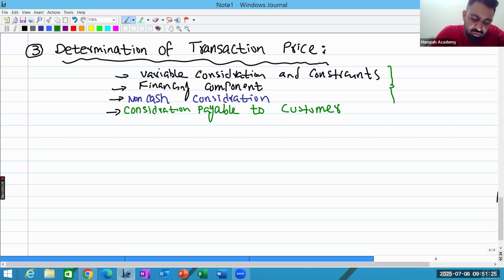Now, when we determine the transaction price, we will consider all these four elements. Now, the question is how we will consider it, how we will incorporate it, we will talk about in detail later on. Okay, so that would be the third step which we need to consider in the determination of the transaction price.